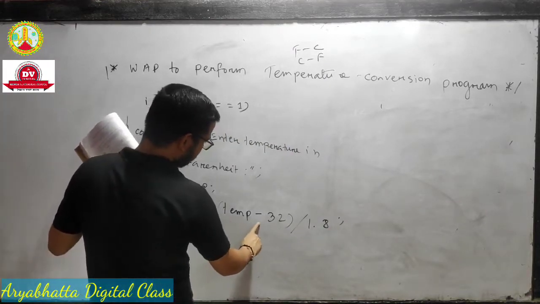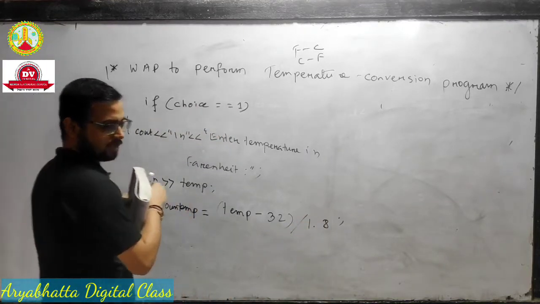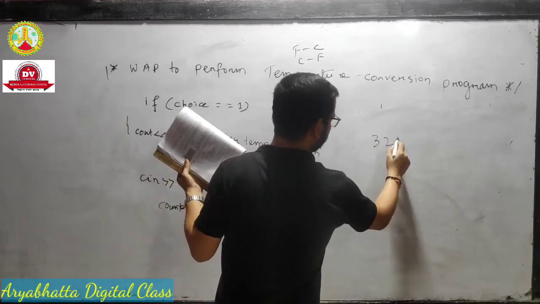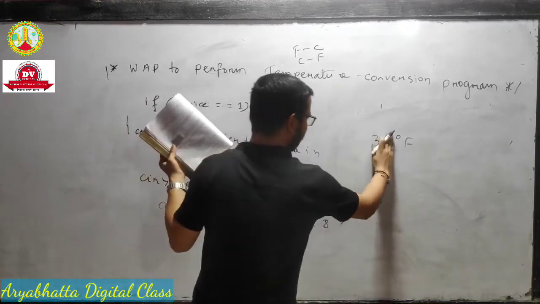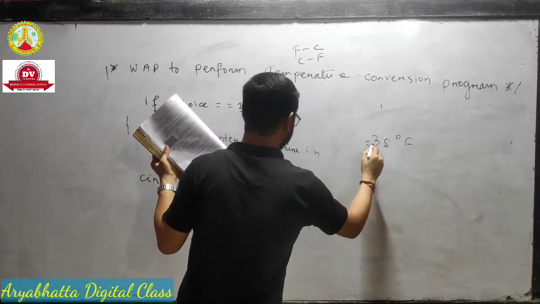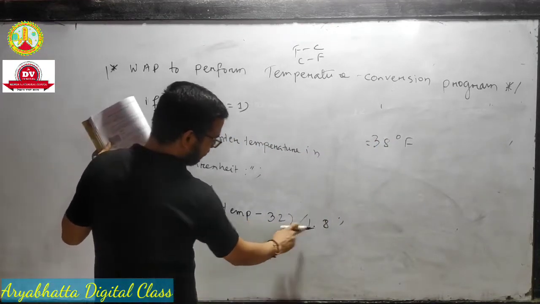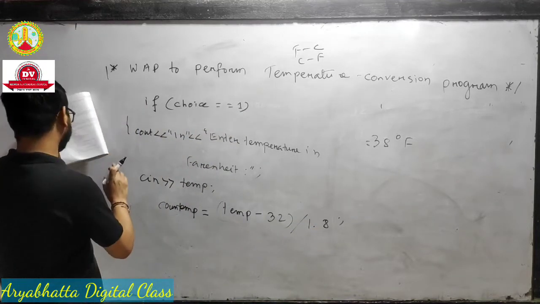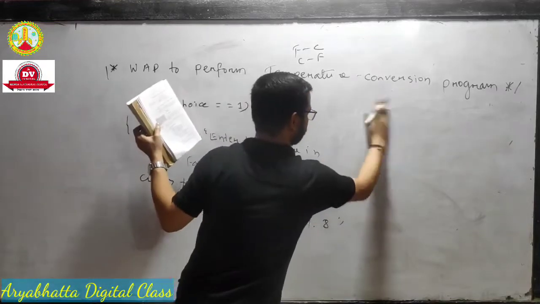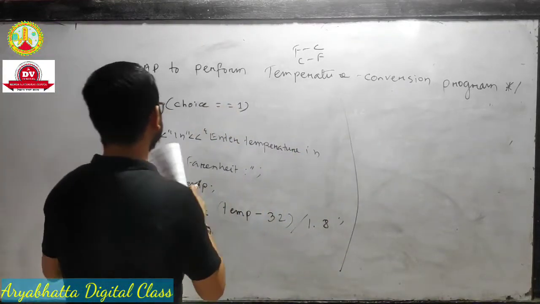Temp minus 32 divided by 1.8 means, suppose you take a temperature of 32 degrees Fahrenheit or 38 degrees Fahrenheit. This is stored in temp, and temp minus 32 divided by 1.8 converts it to Celsius. This is the basic mathematical formula.